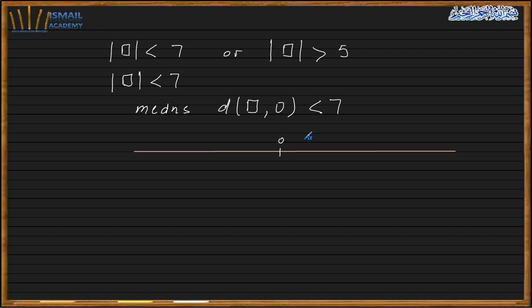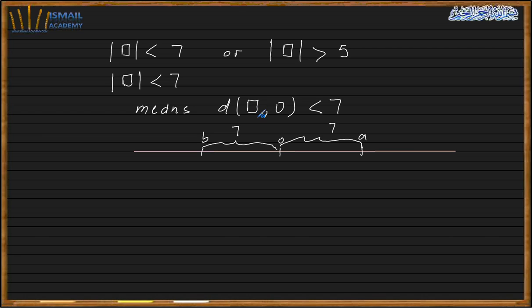Which means we have two locations, one on the right and one on the left. Those locations are equidistant, because both are far from 0 by 7. We want the expression such that its distance from 0 is less than 7.